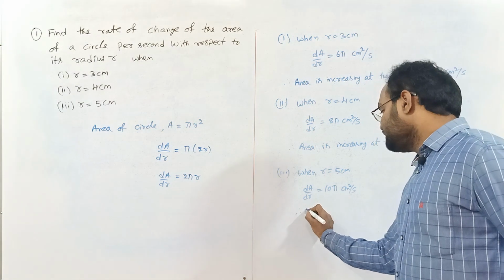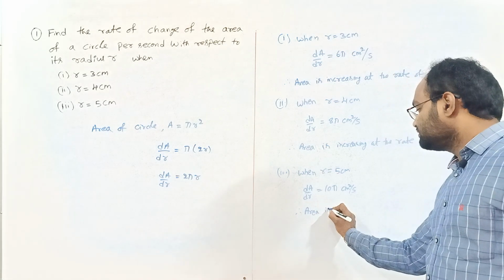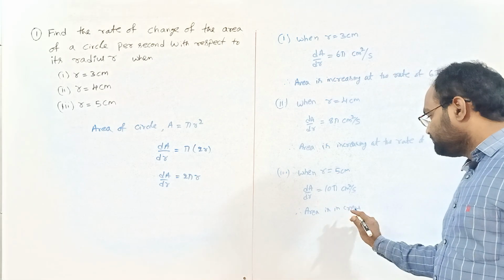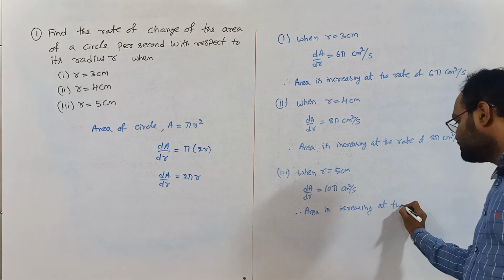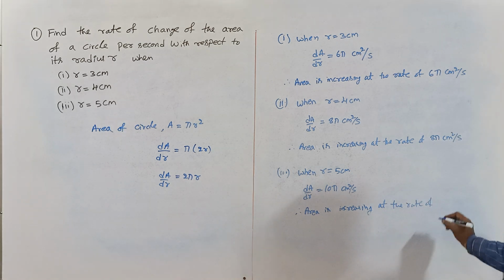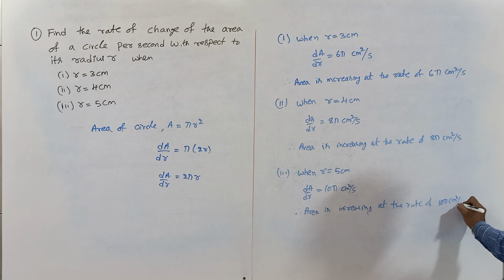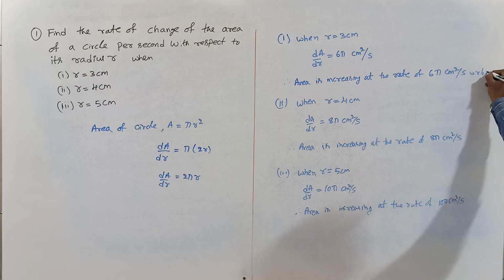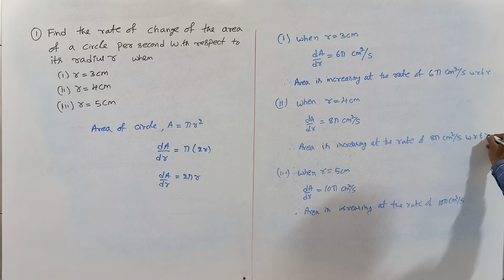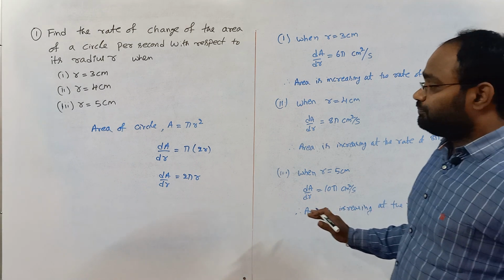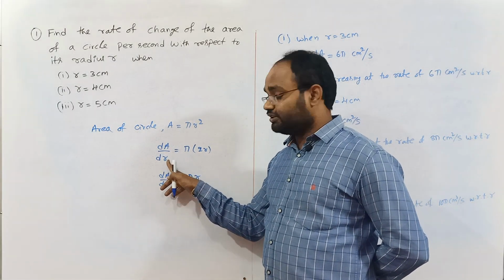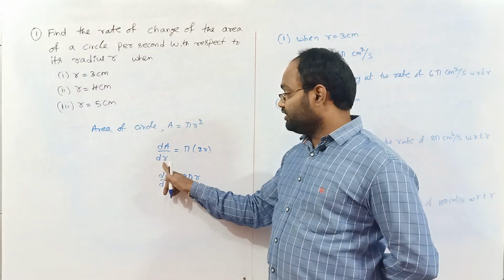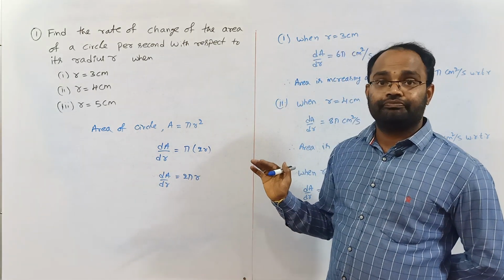So area is increasing at the rate of 10π centimeter square per second with respect to r, here also with respect to radius, right? Very simple. One thing to remember: the parameter is r, the variable is r here, therefore no need to use the chain rule. Where t is there and r is there, the chain rule must be used, right?